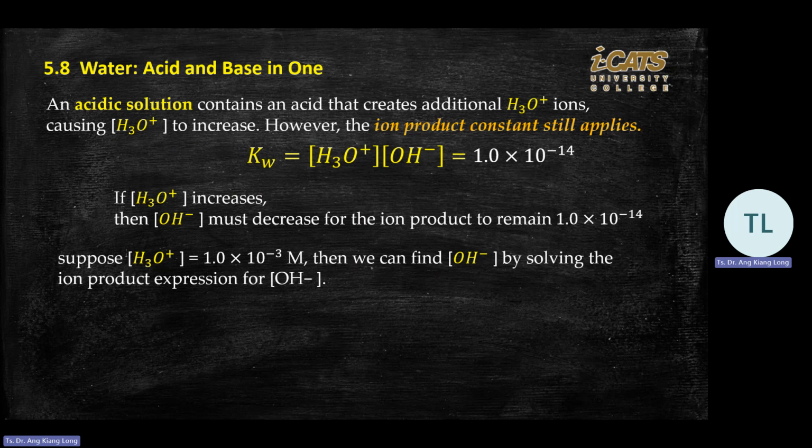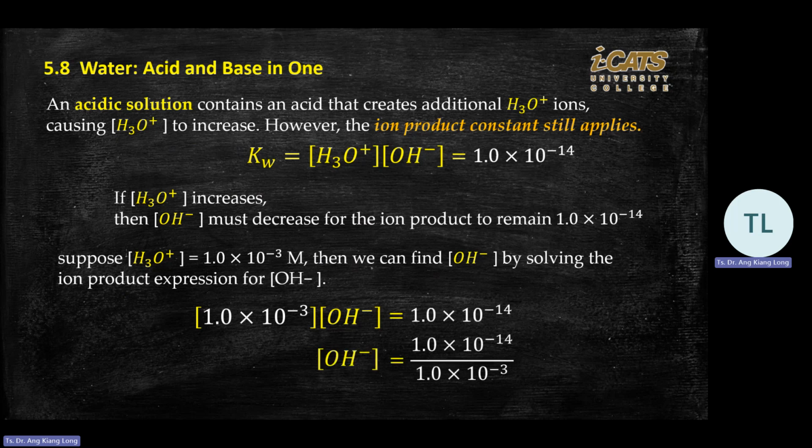If you're given one, you can find the other, because this constant value is already given. For example, you are given H3O plus is 10 power negative 3. You can find how many OH you have. You just divide it: minus 14 minus minus 3, which gives minus 11.